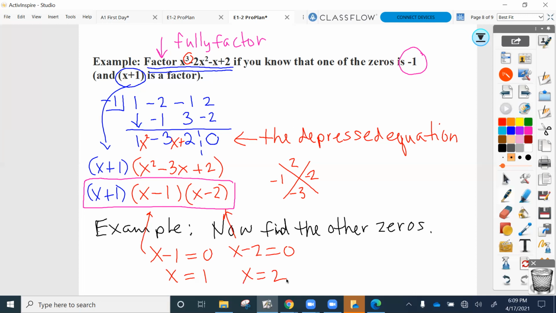So I could ask you to fully factor. I could ask you to just factor. Or I could just say, here's one of the zeros, find the other zeros. But either way, you're going to do what I'm telling you to do in this example.